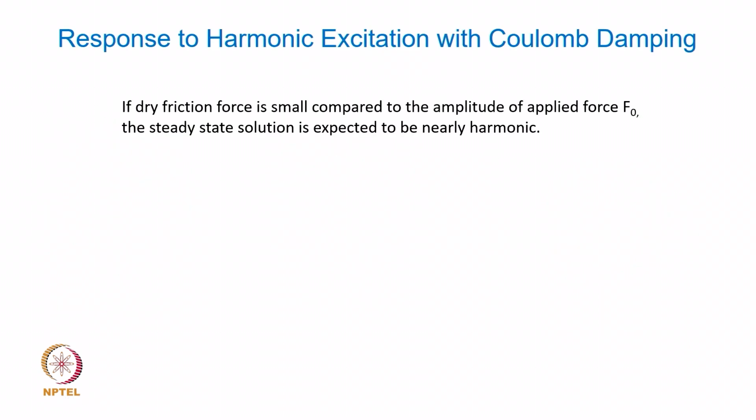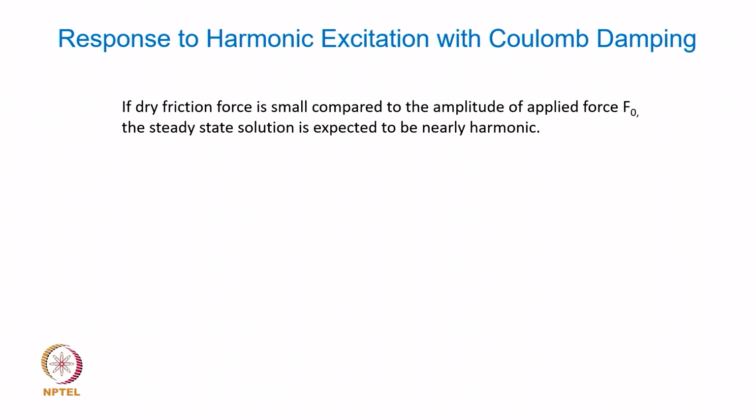Okay. So, having now discussed the basic philosophy of a sensor design, we discussed the seismometer and accelerometer. A slight introduction to finding the response to a harmonic excitation with Coulomb damping. We have always assumed that the damping is viscous damping.